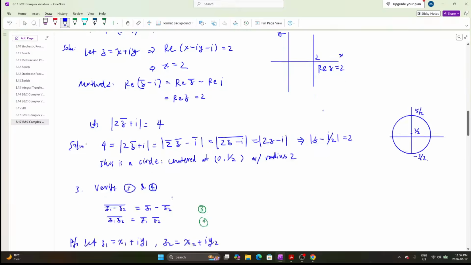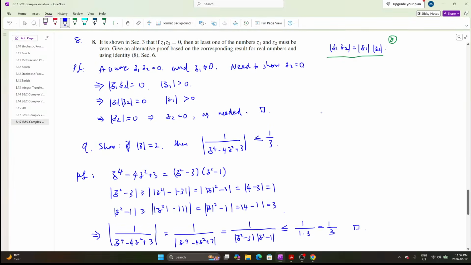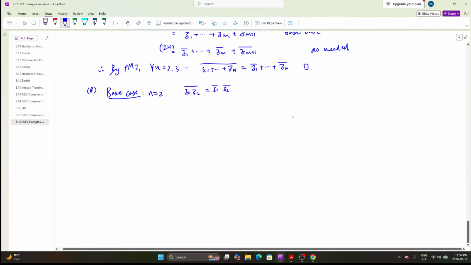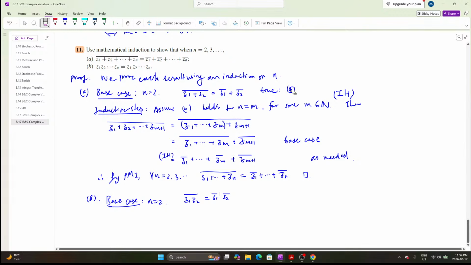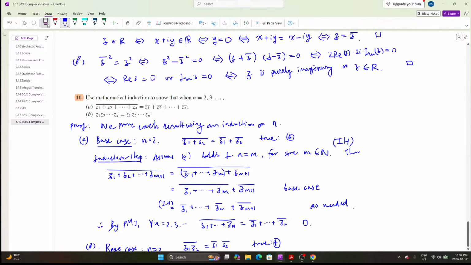Oh, actually, I think I mislabeled the earlier part. This is true because of equation 4, and the earlier one should be true by equation 2. That was a mislabel.